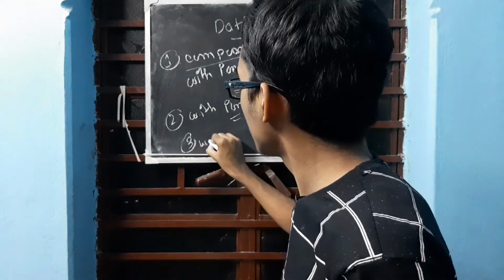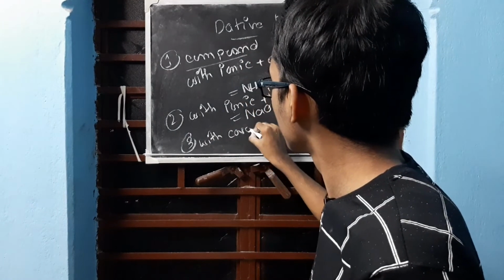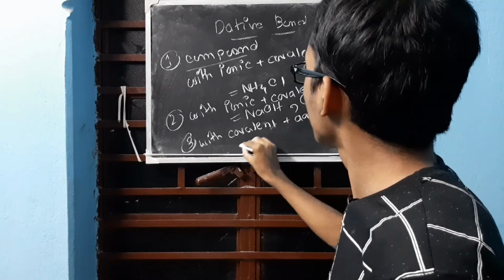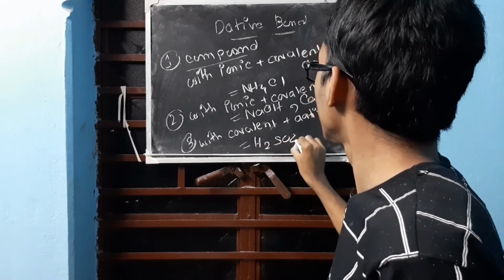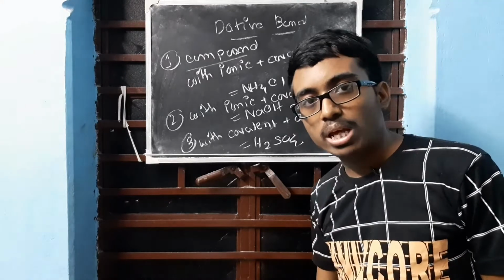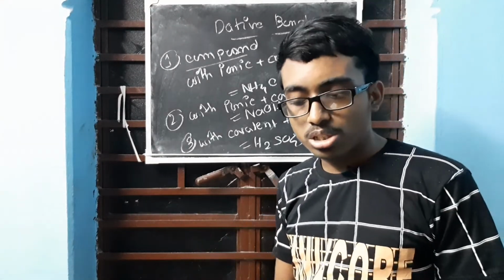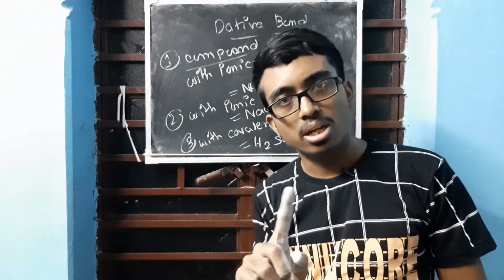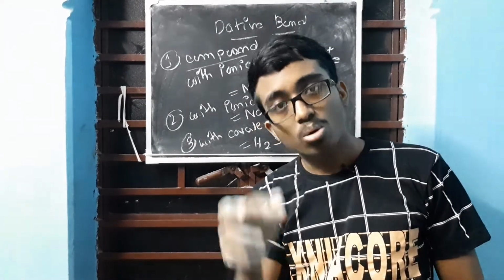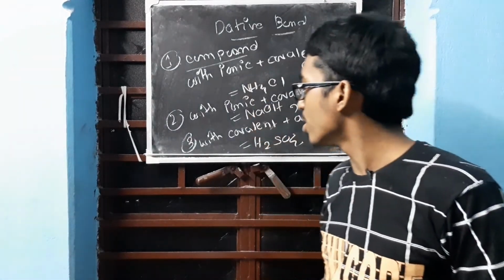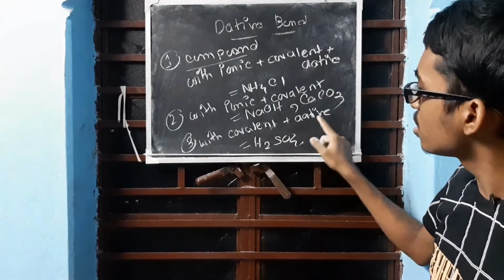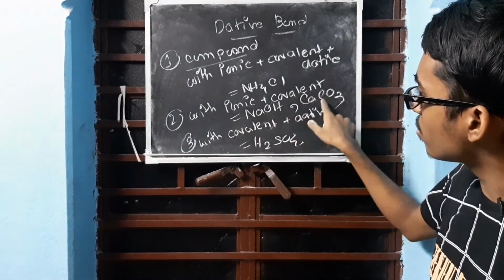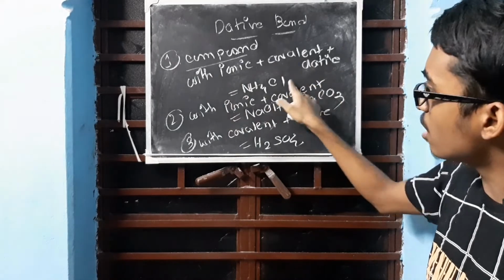Number 3 is with covalent plus dative, that is H2SO4. H2SO4 has a structure where S is bonded to 2 O with direct single bonds, and also 2 OH single bonds, and 2 O are bonded to S with coordinate bonds. So this is basically your covalent plus dative bond H2SO4, ionic plus covalent is NaOH plus CaCO3, ionic plus covalent plus dative is NH4Cl.